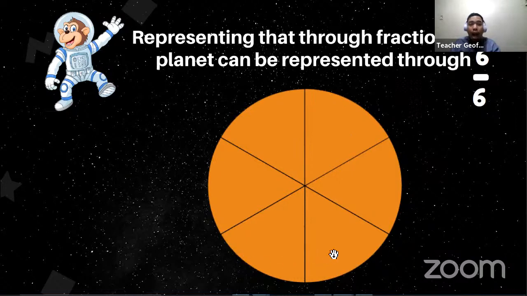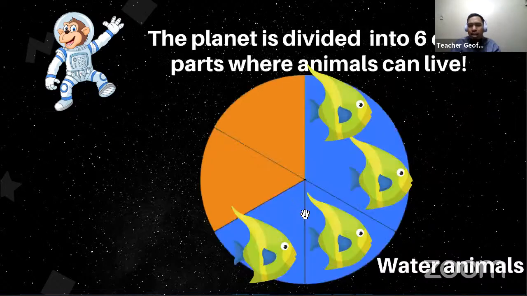It means that a total of 6/6 can live in this planet. Let's see if Planet Uzono has animals. They actually have water animals. Can you tell me, based on the illustration, what part of the planet they make up?